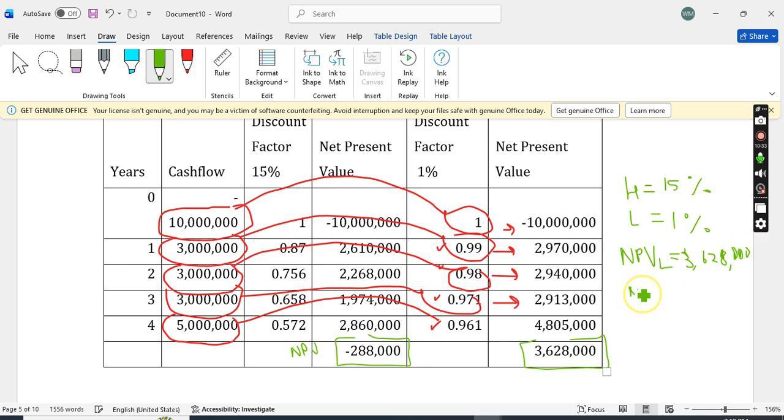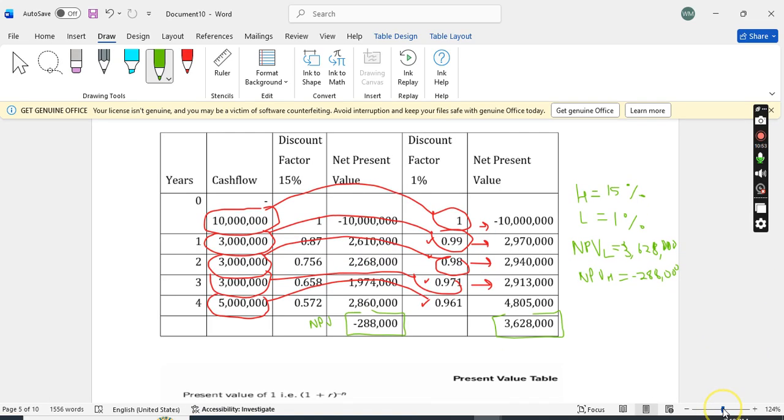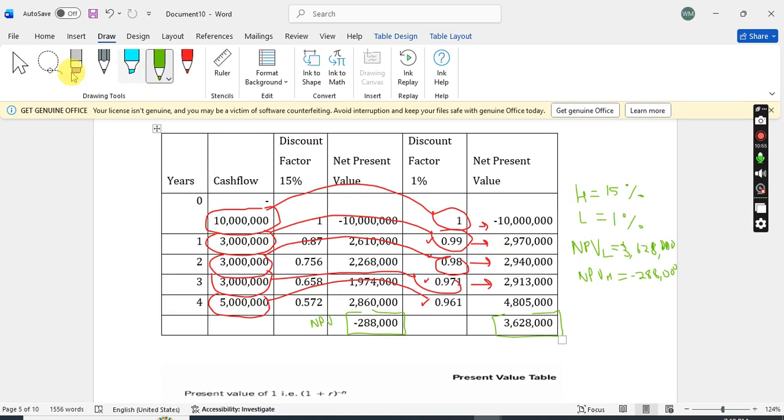Our net present value with the higher discount rate, NPVH, negative 288,000. Okay, then we put this in our formula.